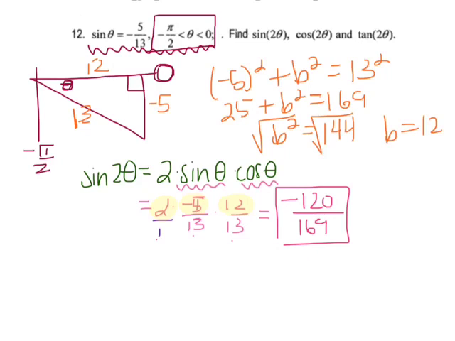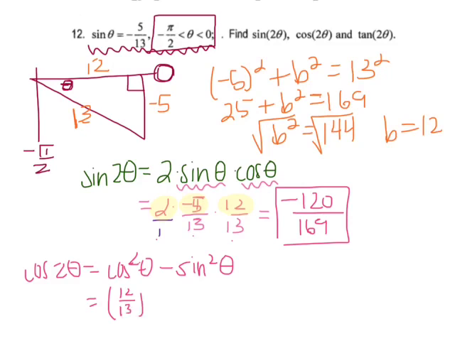If we want to do cosine of 2 theta, we do the same thing, but with the cosine double angle formula, which is cosine squared theta minus sine squared theta. Remember, for these, you're just going to take cosine of that angle, which is 12/13, and square it. This pen's so squeaky.